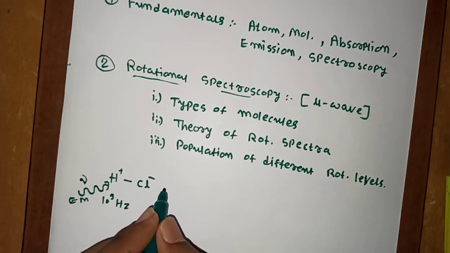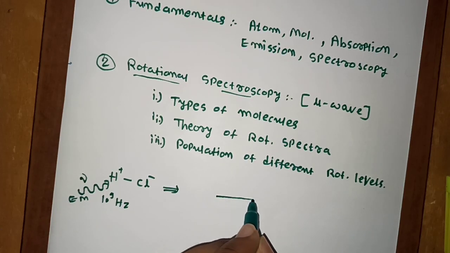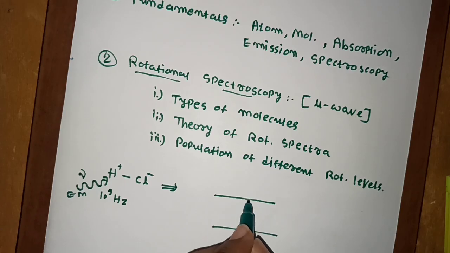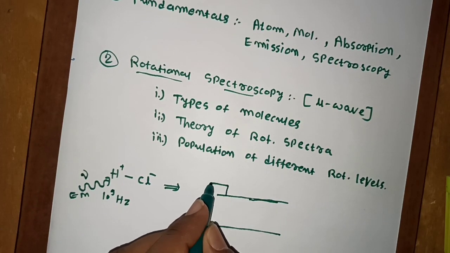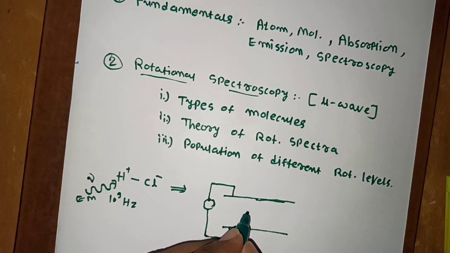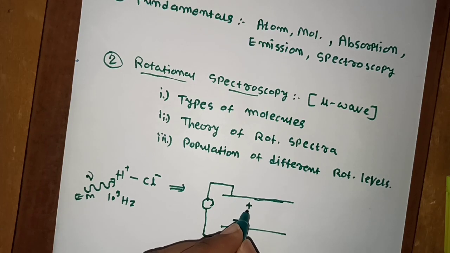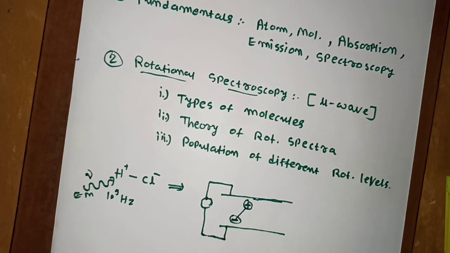To simplify this situation, let's assume I have two plates, or you can assume capacitor plates. Between the two plates I attach an AC source, and I place HCl, H plus and Cl minus, with the bond between them.